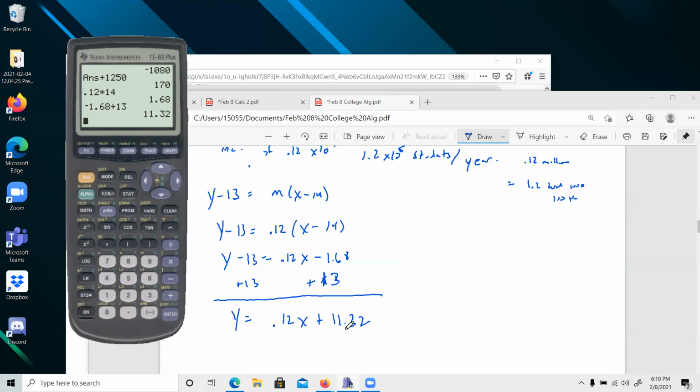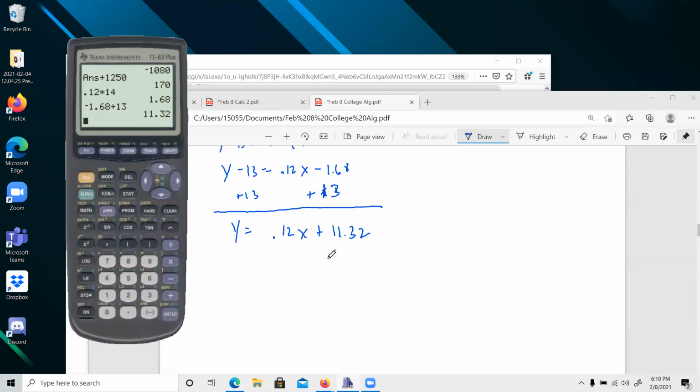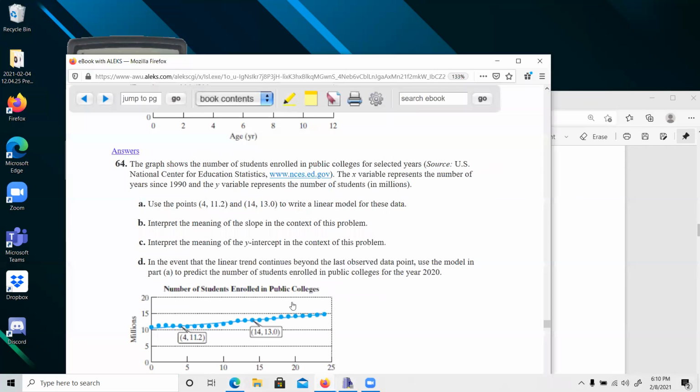And it says, what does the same follow-up questions too? It's really amazing. Okay. What does the y-intercept mean? Well, we find the y-intercept when x is 0. What year is it? When x equals 0, we might have to go back up to the problem and read it.